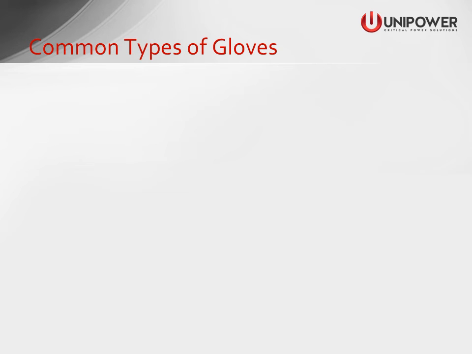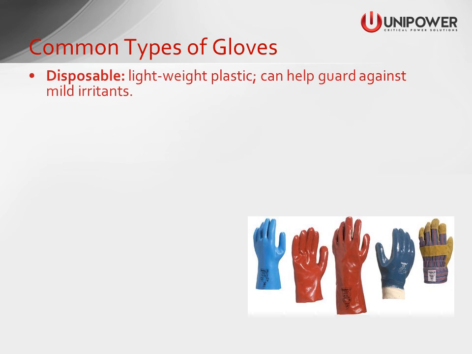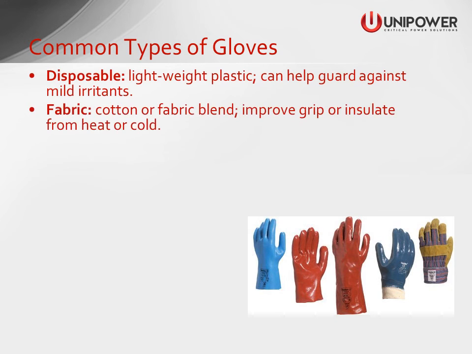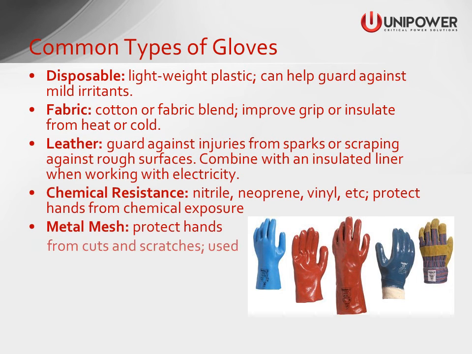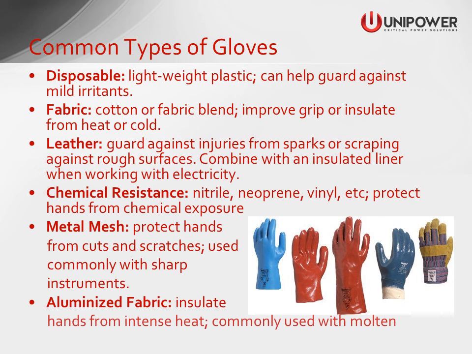Common types of gloves include disposable, which are made of lightweight plastic and can help guard against mild irritants. Fabrics. Fabric gloves are made of cotton or fabric blend and help improve grip or insulate from heat or cold. Leather gloves help guard against injuries from spark or scraping against rough surfaces, combined with an insulated liner when working with electricity.